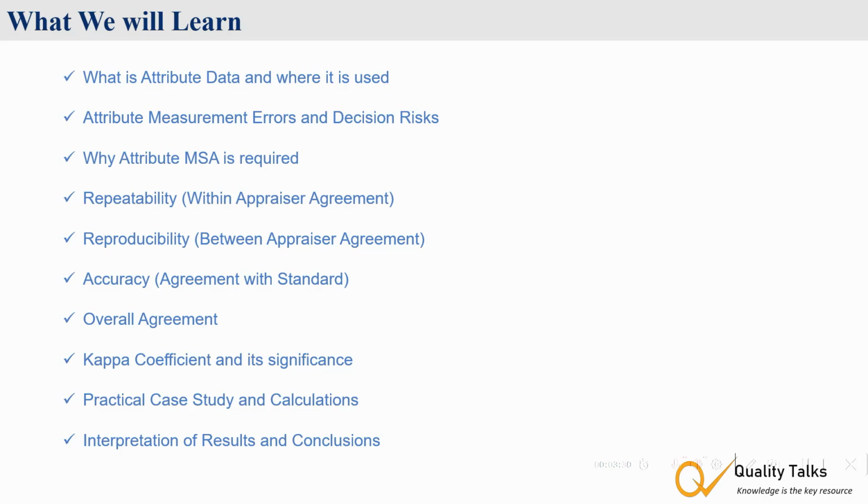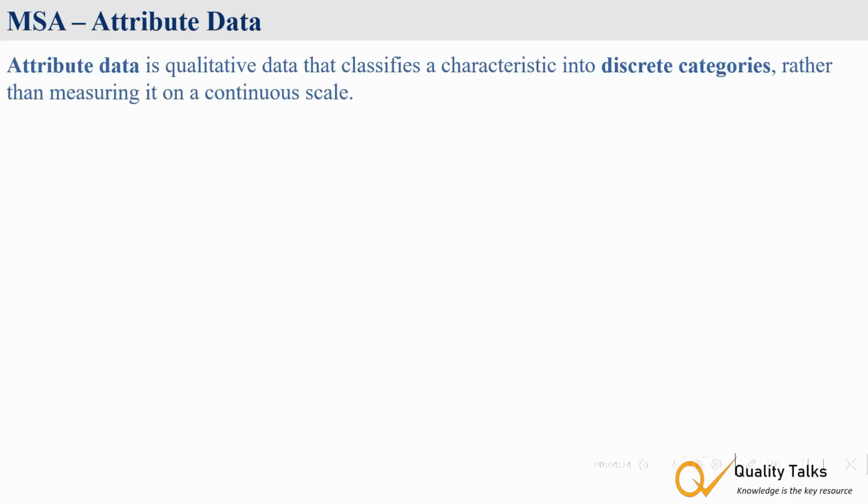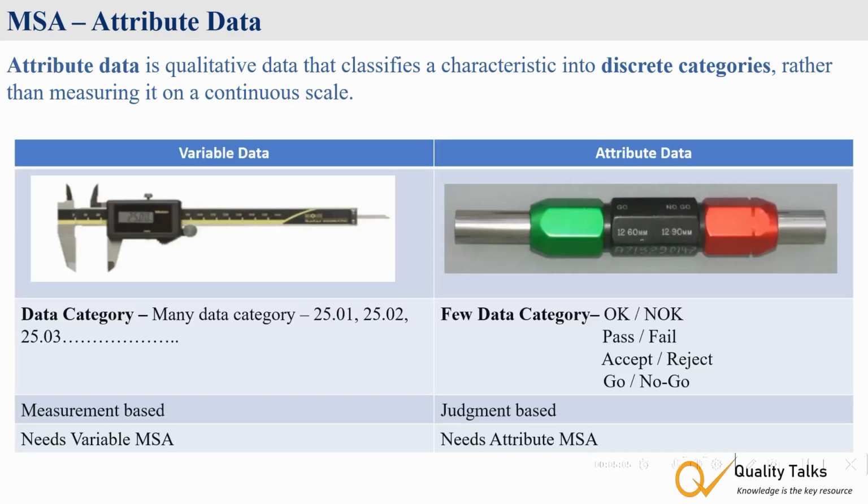By the end of this training, you will be able to confidently evaluate and interpret an attribute MSA study in your organization. Attribute data is a qualitative data. Unlike variable data, where we measure a dimension like length or weight, attribute data classify a part into discrete categories such as OK, not OK, pass, fail, accept, reject, go, no go.